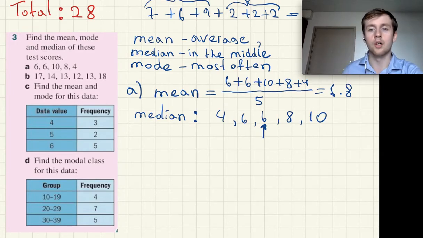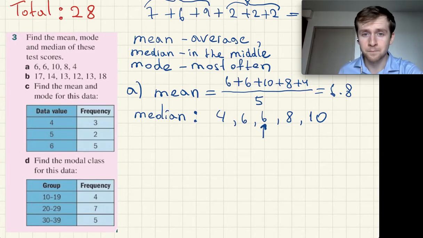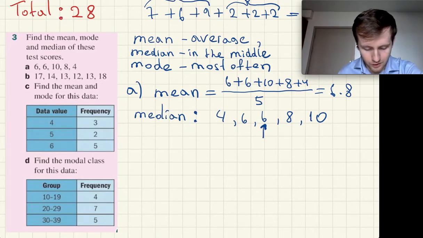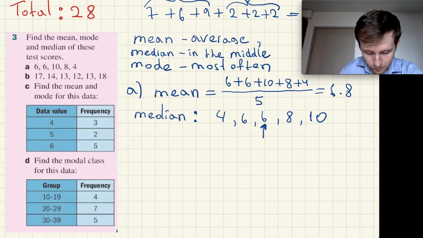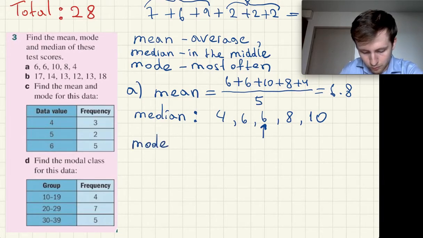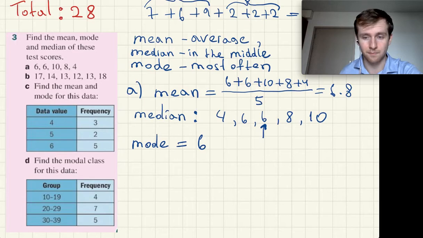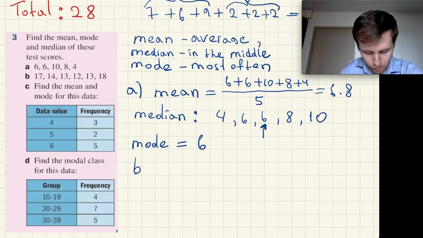So this is our median. And the next one we have mode. Mode is the most often, so the mode is equal to 6 because we have 2 6s in this case. Okay, let's do B.